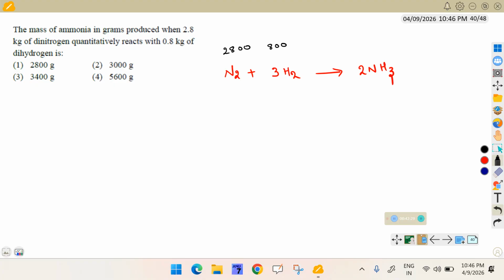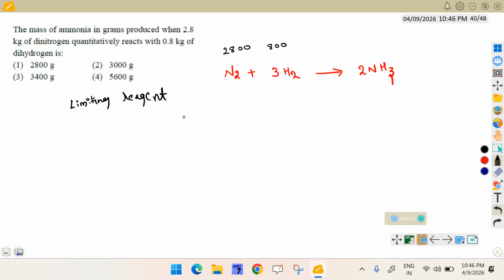The mass of ammonia in grams produced when 2.8 kg of dinitrogen quantitatively reacts with 0.8 kg of dihydrogen. So, first calculate the limiting reagent. In a chemical reaction, more than one reactant is present.